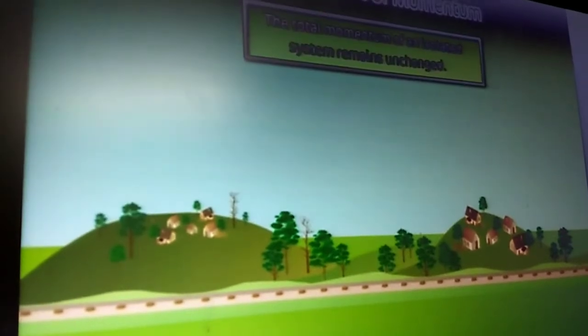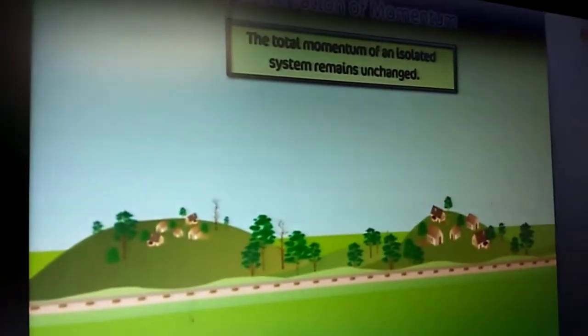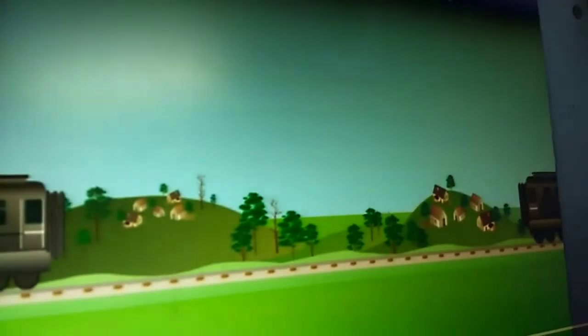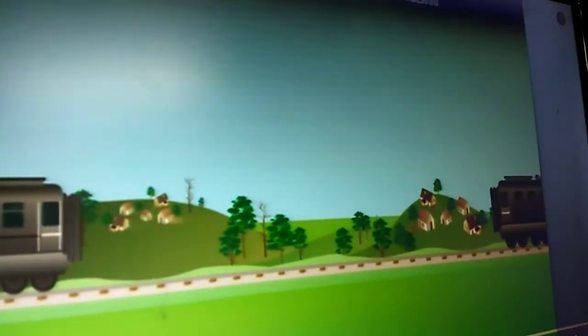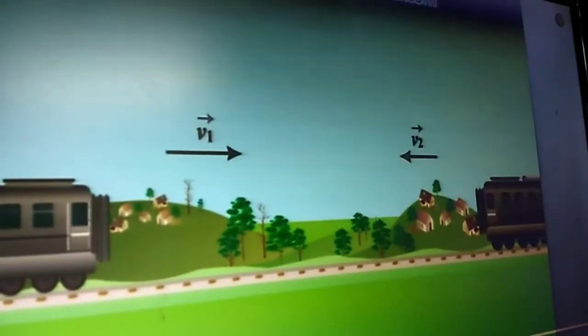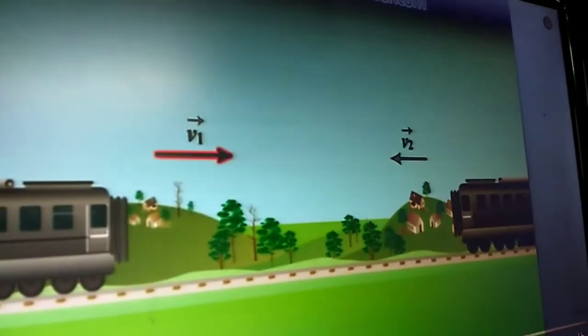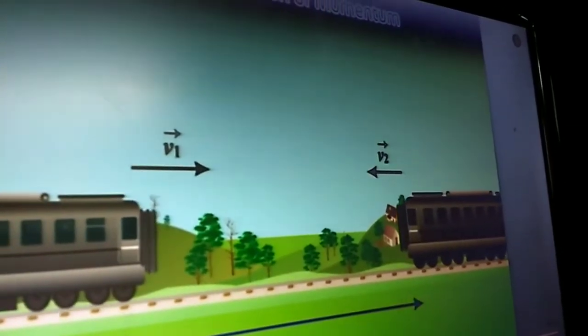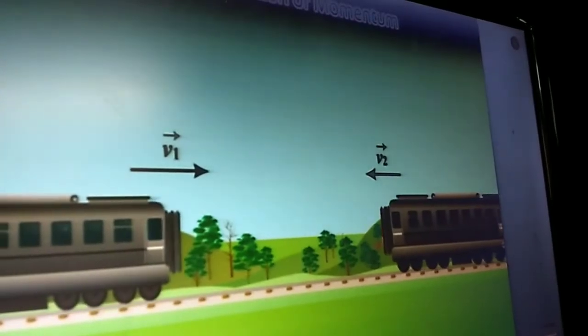So we will be considering here two balls, ball A and ball B.